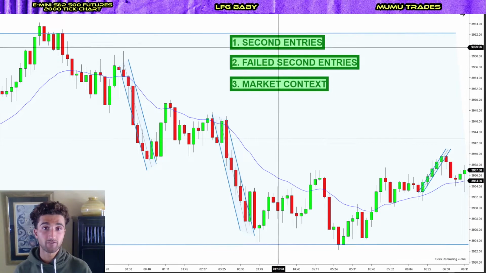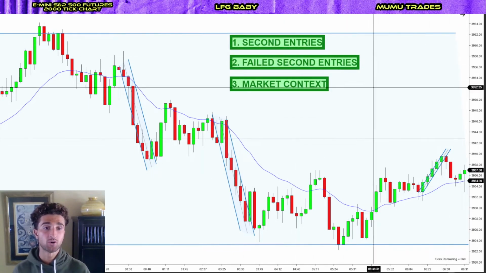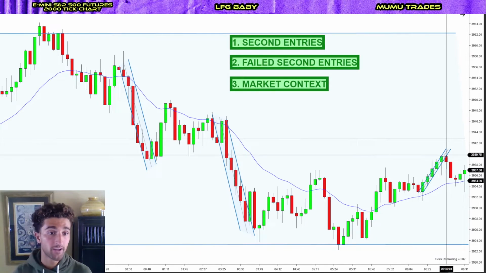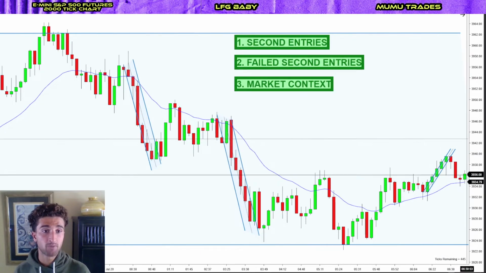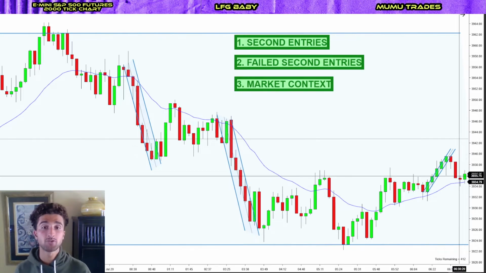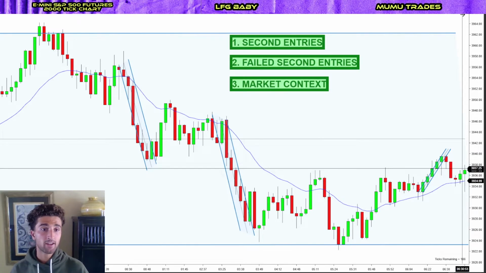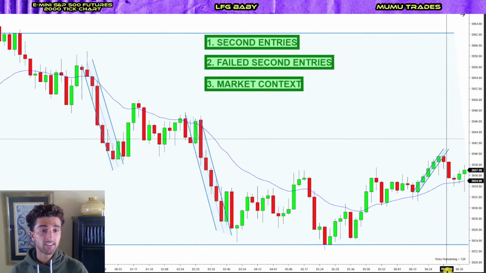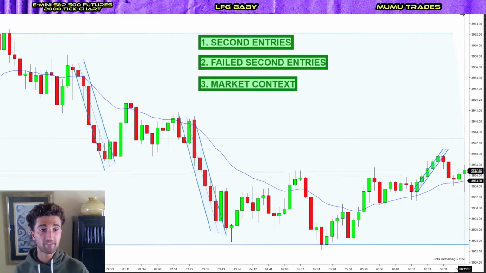And what we want to look for is a second entry long or a failed second entry short. So if we count from this new high, we're going down, and once the first bar breaks above the one previous to it, that creates a first entry.